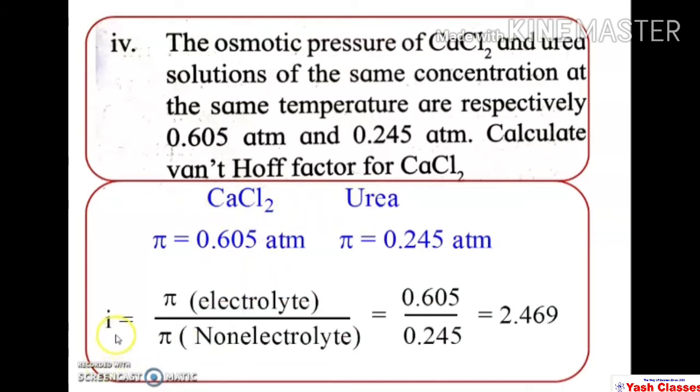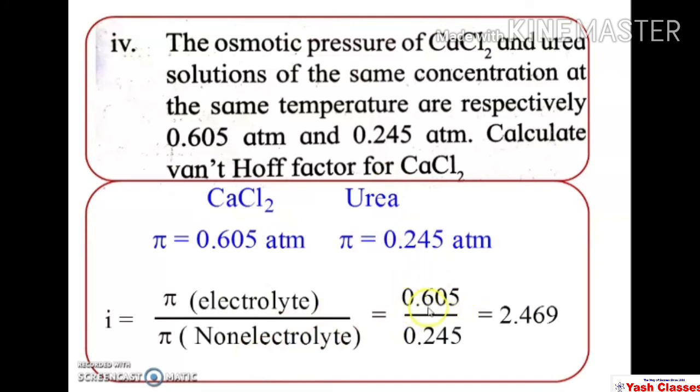Now Van't Hoff factor i, this is the ratio of colligative property of electrolyte upon colligative property of non-electrolyte. Here calcium chloride is an electrolyte and urea is a non-electrolyte, and therefore it is equal to 0.605.